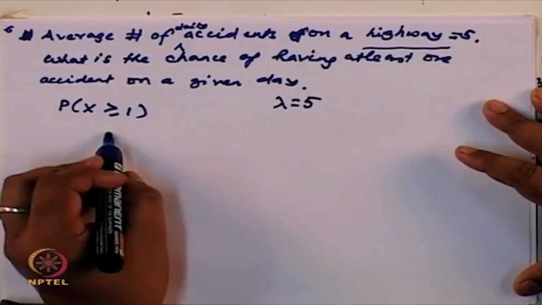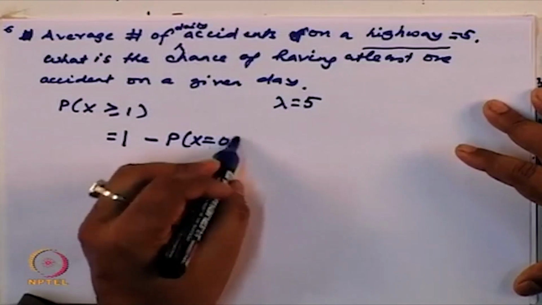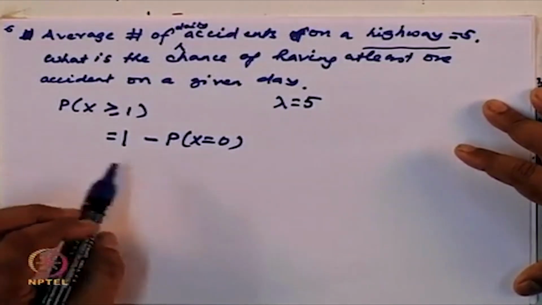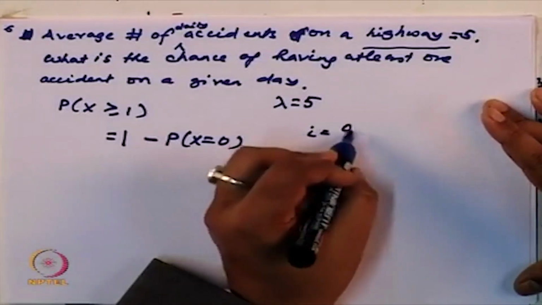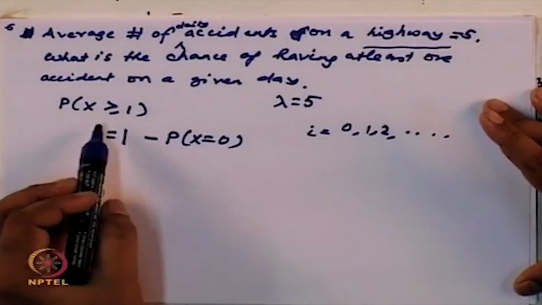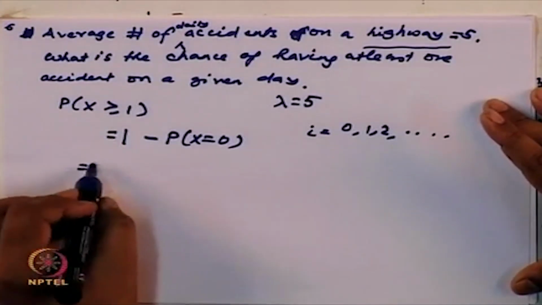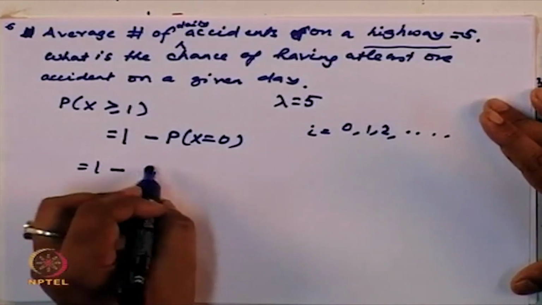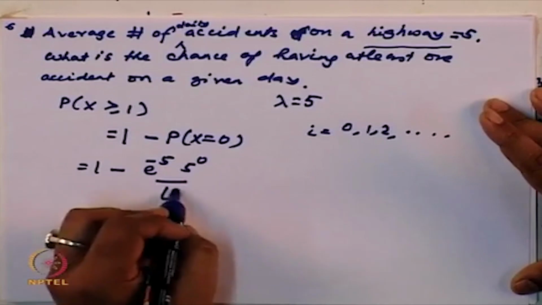So, this can be written as nothing but 1 minus P of x equal to 0. Why? Because for a Poisson random variable, x can take values 0, 1, 2, and so on and so forth. So, P of x greater or equal to 1 is 1 minus P of x equal to 0. So, I can write 1 minus e to the power minus 5, 5 to the power 0 by factorial of 0.